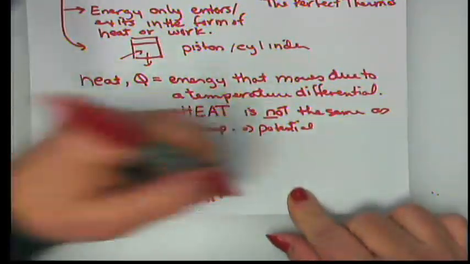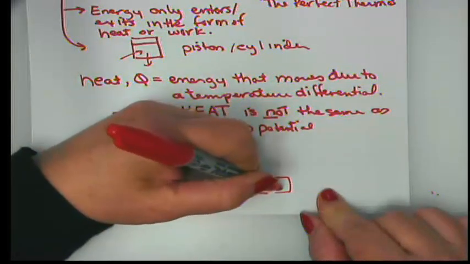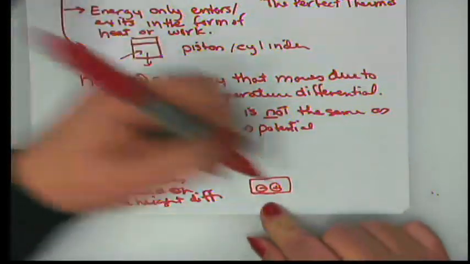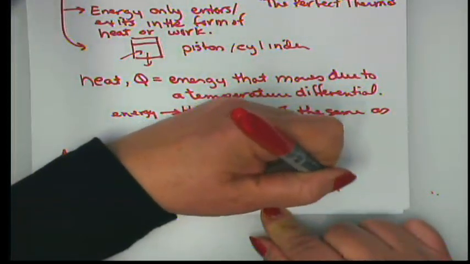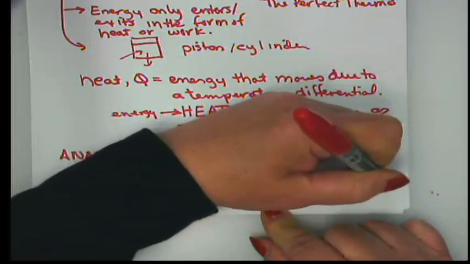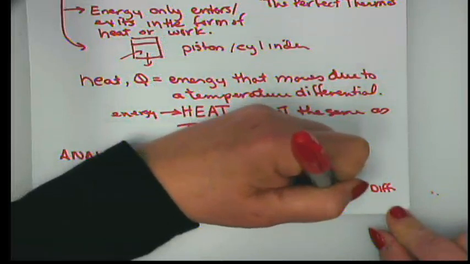Now, there's another example too, if you're familiar with electricity. If you have a battery and you have positive and negative terminals, that is voltage difference. We just call it voltage, but it's really a voltage difference. And that is not energy.